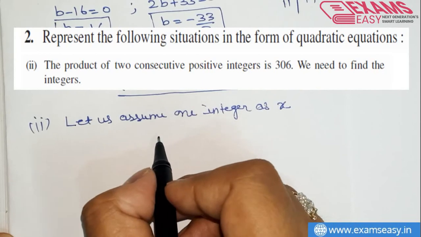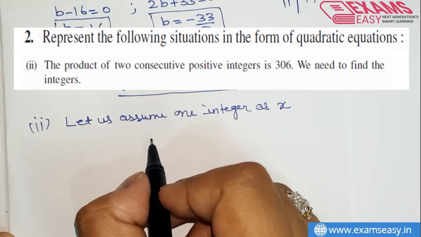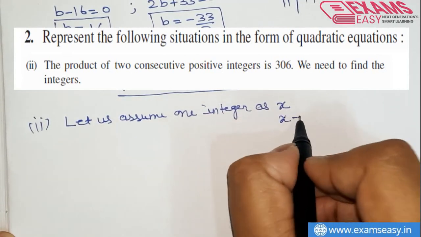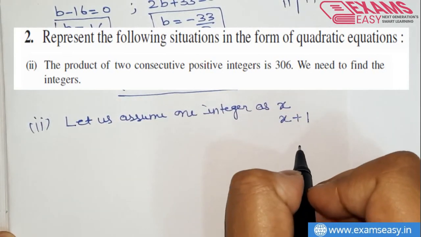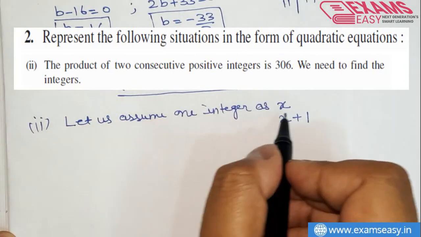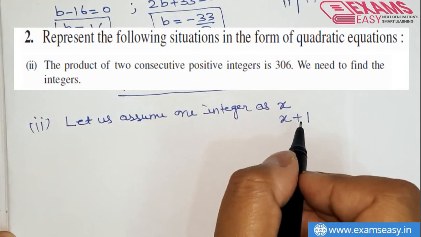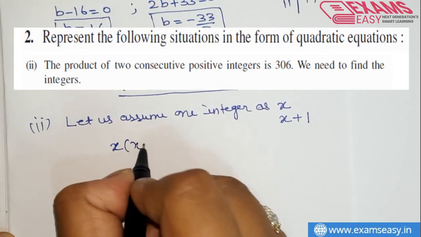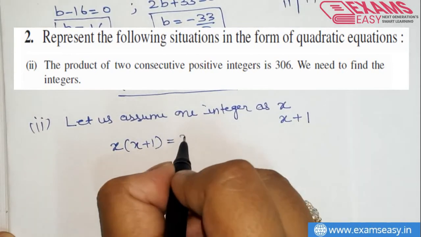Then it is talking about consecutive positive integers. If one integer is x, then another integer will be x plus 1. It has given the product of these two consecutive integers as 306. So we can write it as x into x plus 1 is equal to 306.